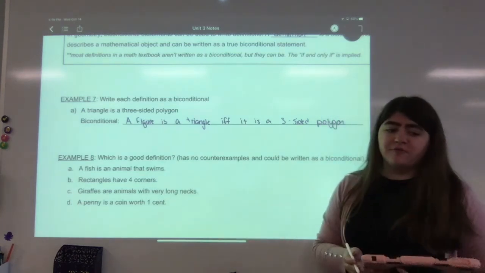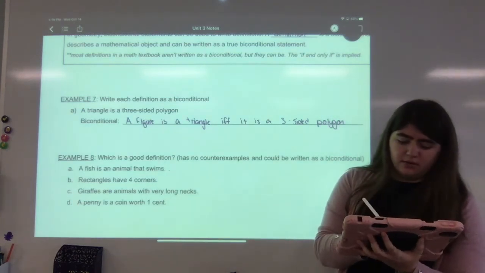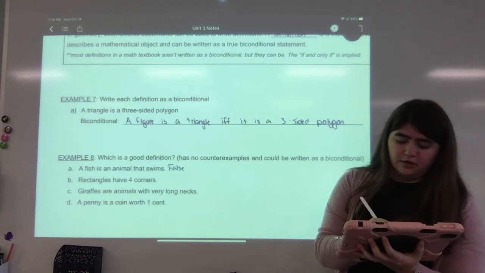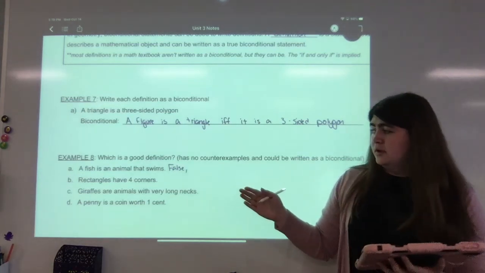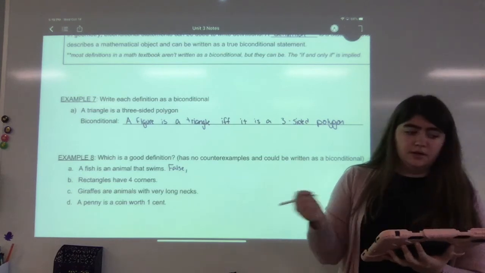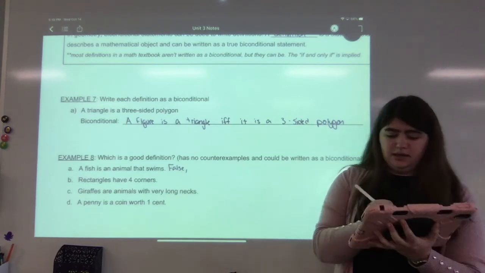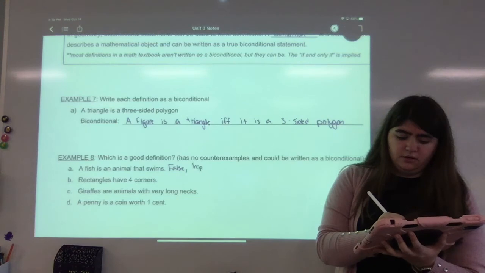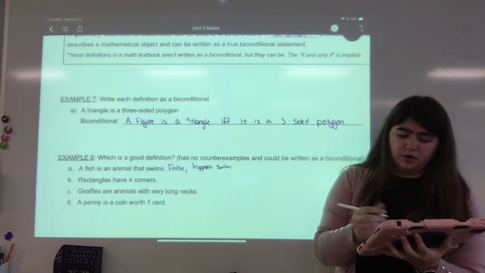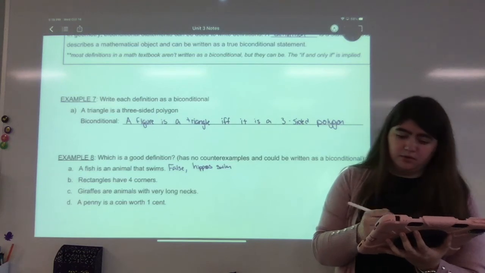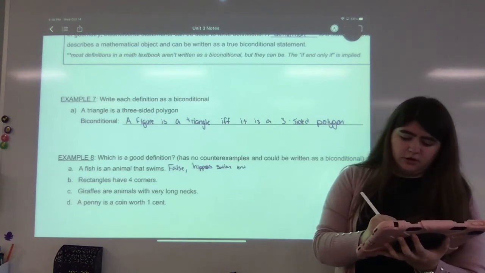Okay, that's false because other animals can swim. For example, a hippo can swim, and it is not a fish. Hippos swim, so do dogs. We could go with a dog if we wanted to, and they aren't fish.